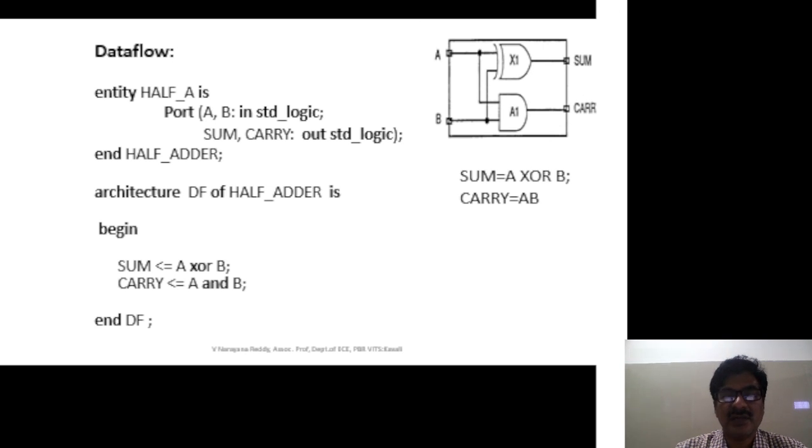What information do we need to write the data flow model? That is Boolean equations. If you know the Boolean equations, you can easily write the architecture body in the data flow style. Better you take the full adder network and develop the data flow style of architecture for the full adder.